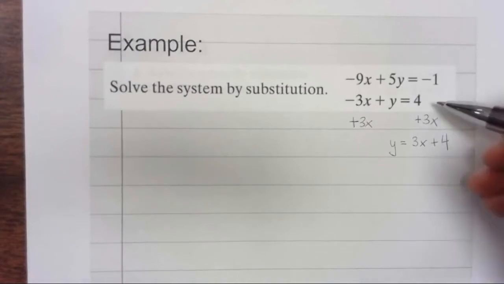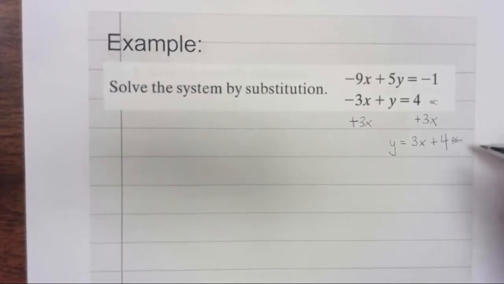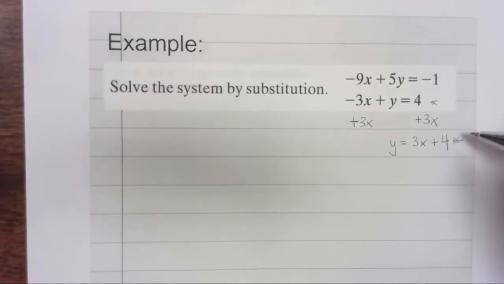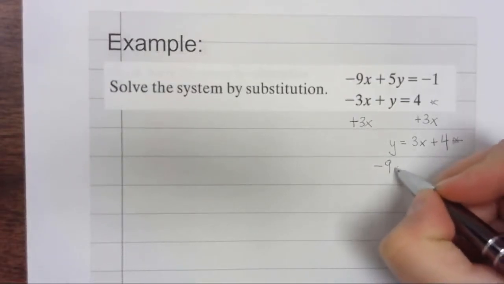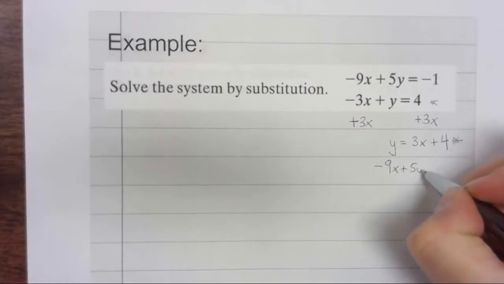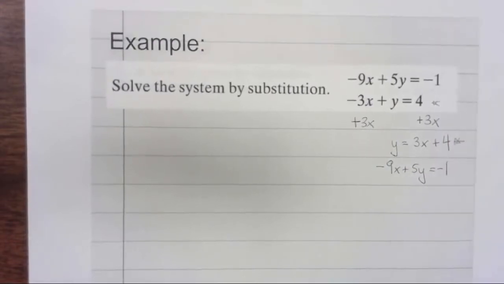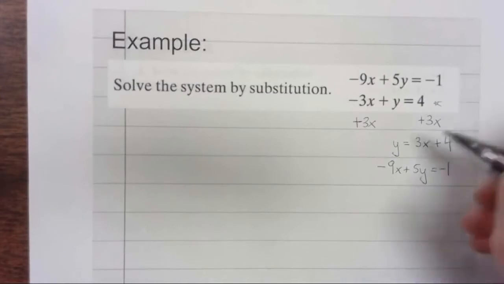There we go. This equation right here and this one are exactly the same. I just moved my numbers around. So I have this one and then my first one. So I'm going to write my first one. Okay. And I'm going to solve the same way we did yesterday.